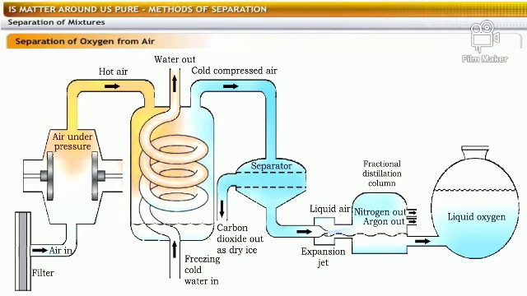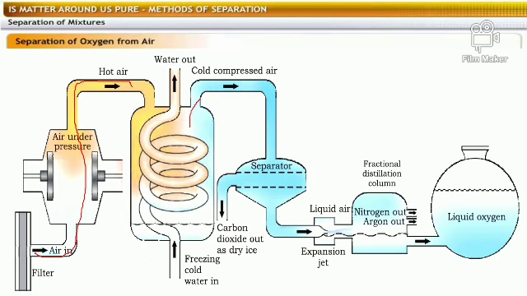The same figure is also here that I have already explained. The air is coming here. Air under pressure, it is compressed. So hot air is allowed to move. This is the refrigeration unit where the air is cooled.